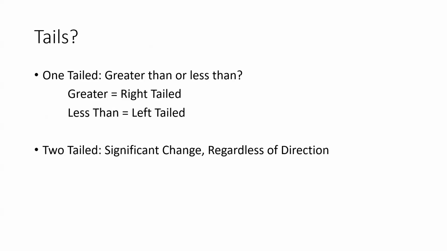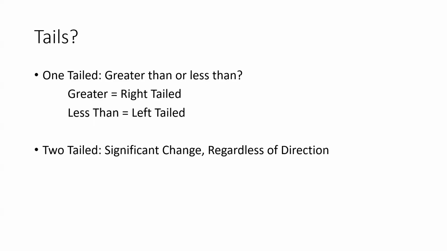So with tests, we have to ask whether it's a one-tailed test, a two-tailed test, and if it is a one-tailed test, is it a left tail or a right tail? If it's left-tailed, we're thinking less than. And if it's greater, we're thinking right-tailed. Right-tailed is greater than.